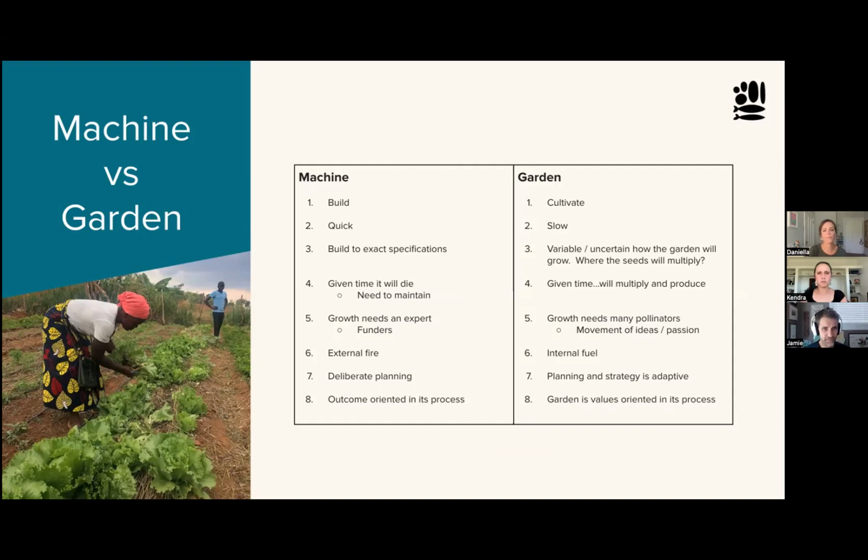Where does the fuel come from? Well, with the garden, it's an internal fuel, right? It's actually the DNA. Now, this is getting back to our principles, the organic principle. There's a DNA inside of the seed that has this predictive growth of what's going to happen, and the power comes from the seed.